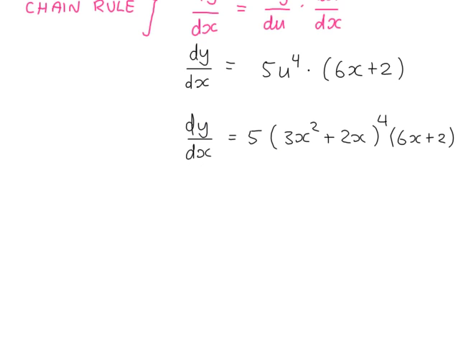And then this can be simplified slightly. This is all to the power of 4. So I'm going to multiply the 5 with the 6x plus 2 to get 30x plus 10 times the 3x squared plus 2x to the power of 4. Okay, so that's what dy by dx is equal to.